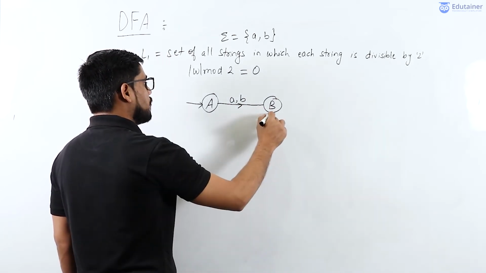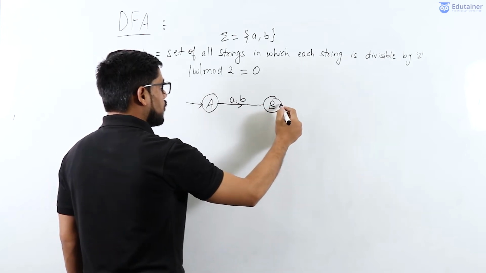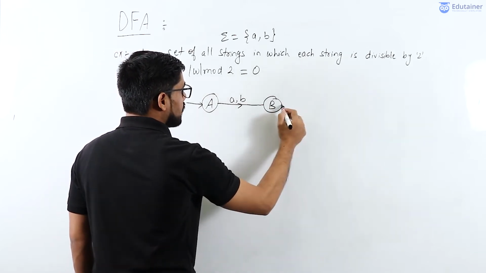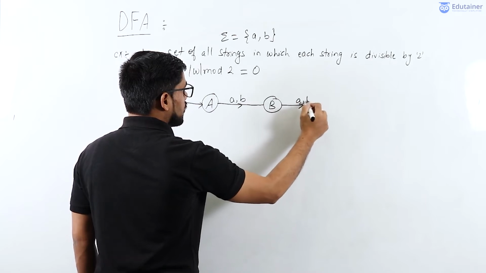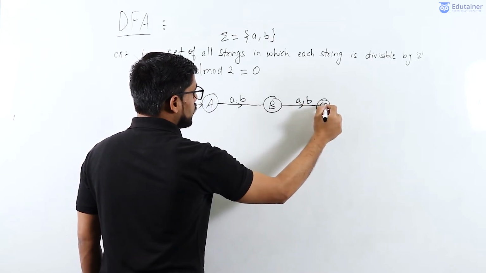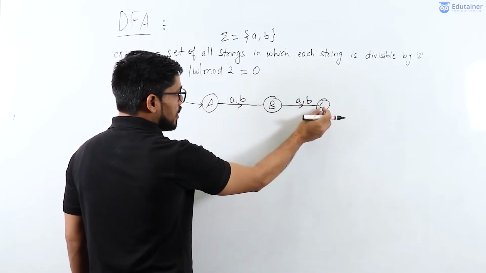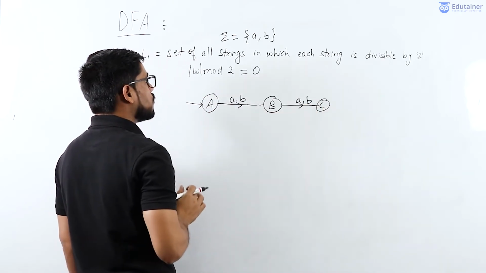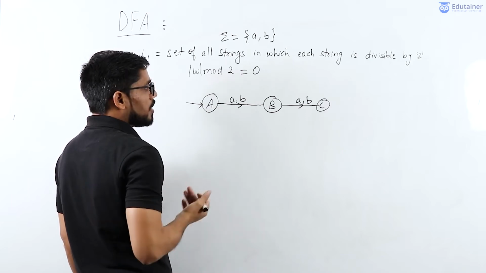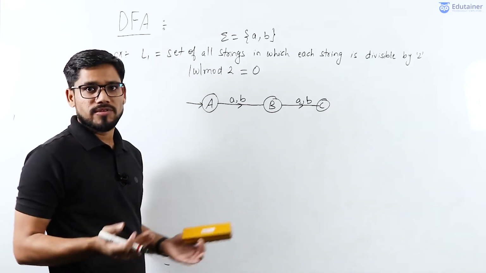Now if I see one more A or B, that means it is a 2-length string, and this 2-length string is divisible by 2, then definitely C is the final state. But here the question is, what will happen if the length is 2, 4, 6, 8, then all such lengths will be divisible by 2.